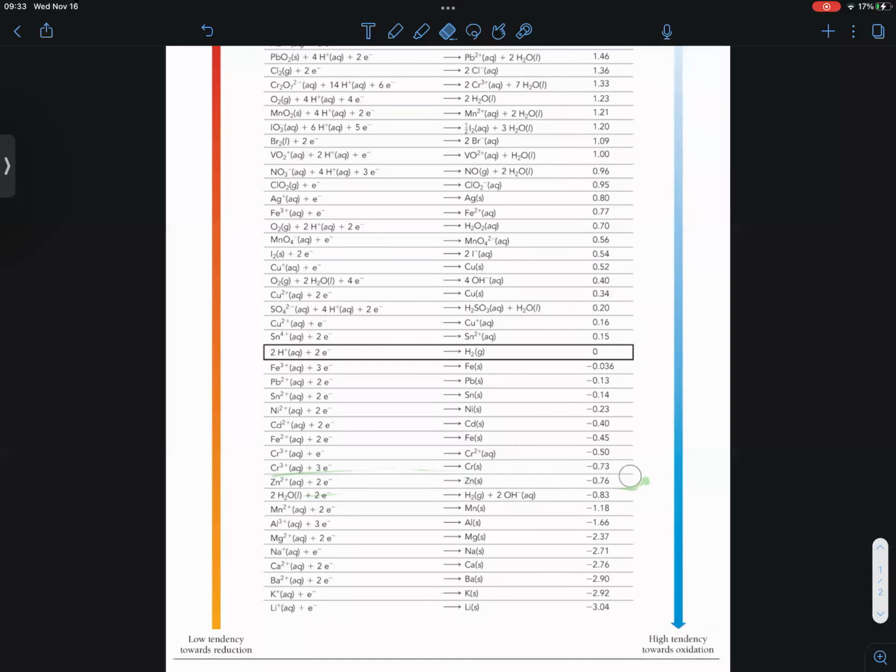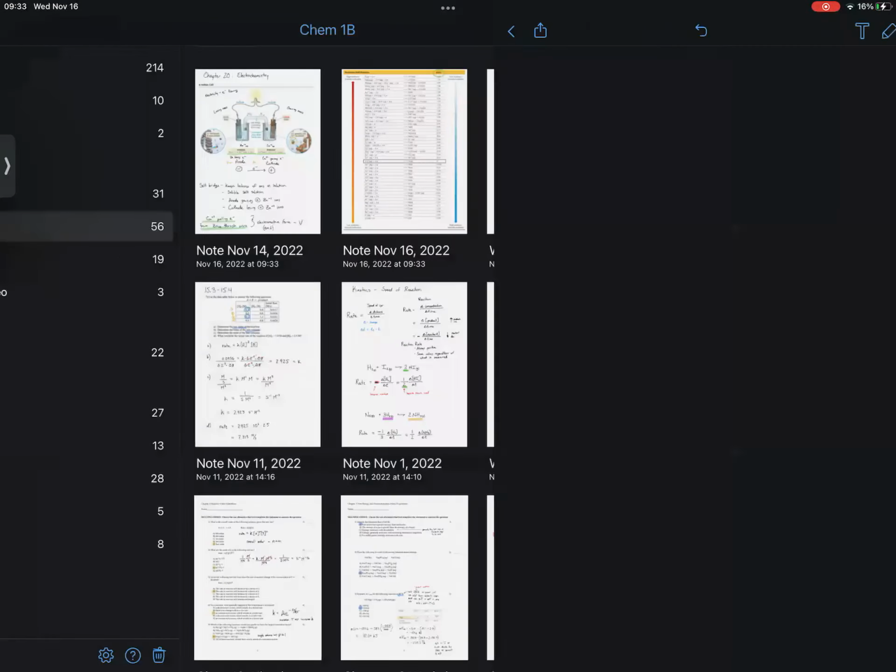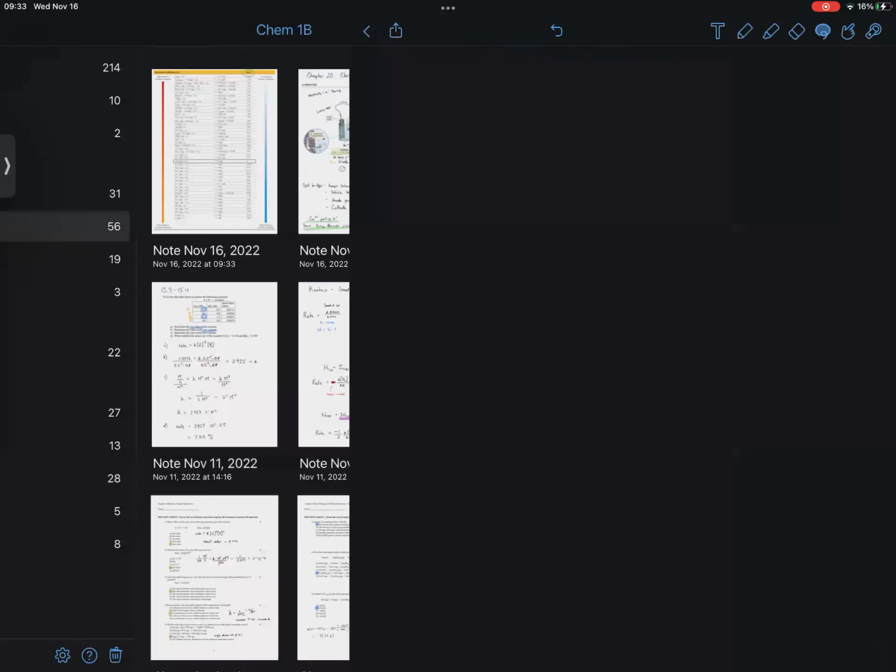All right, so I'm going to grab both these entries so that we can see them away from this big ugly table. Let's pull them over here.